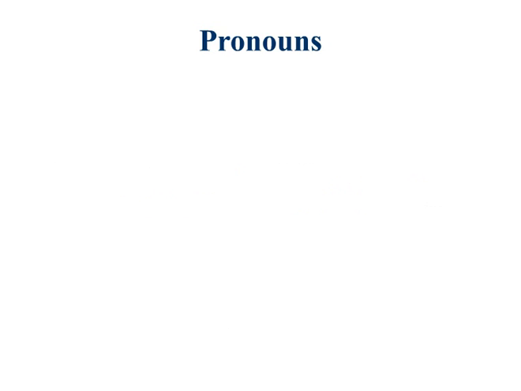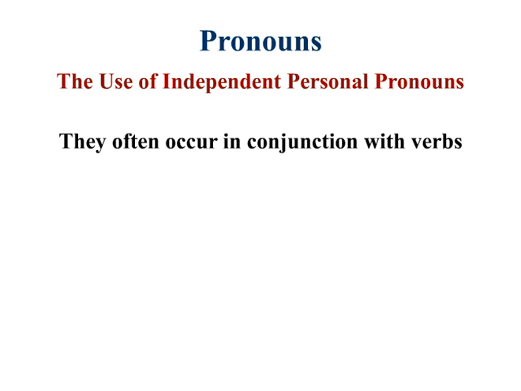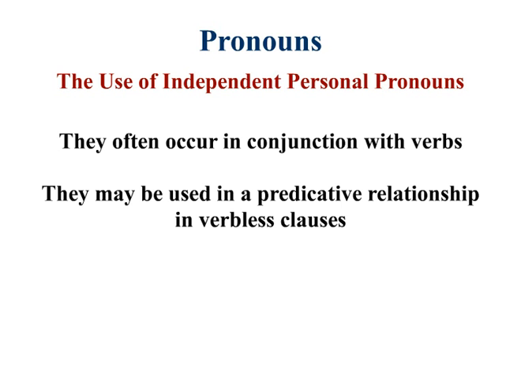In handout 8b, we study the use of independent personal pronouns. They often occur in conjunction with verbs. They may also be used, however, in a predicative relationship with nouns or adjectives in verbless clauses.